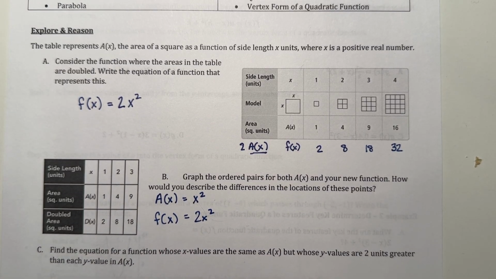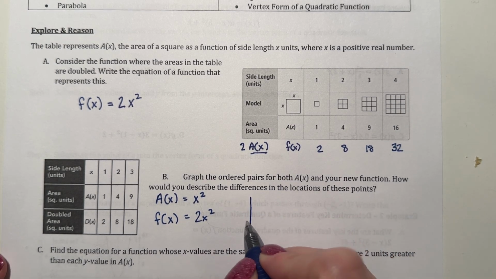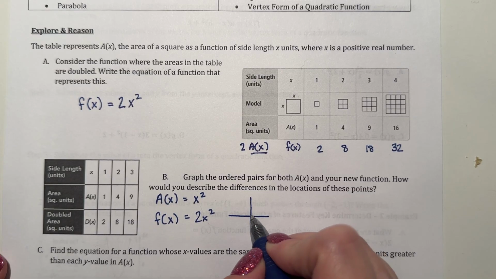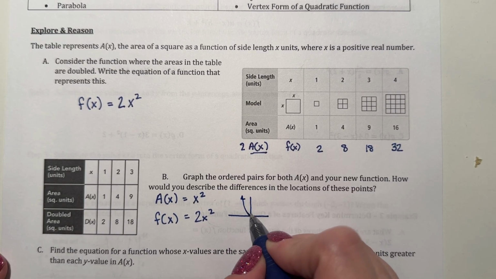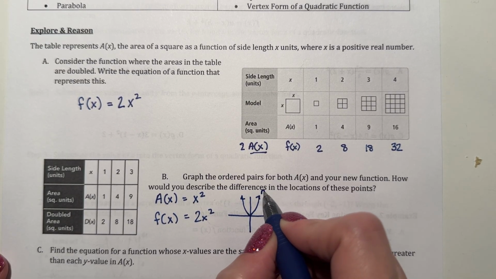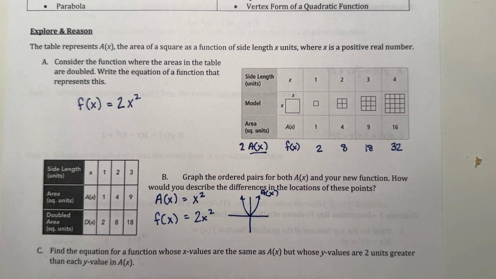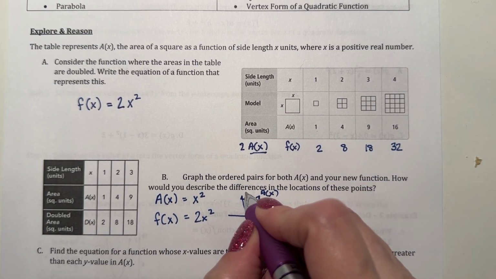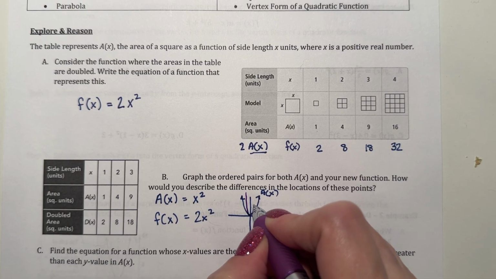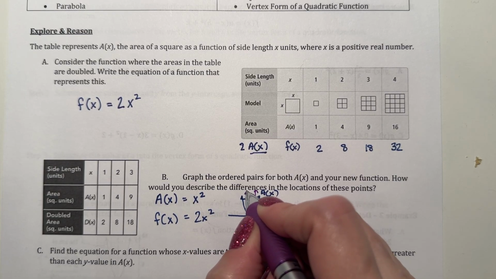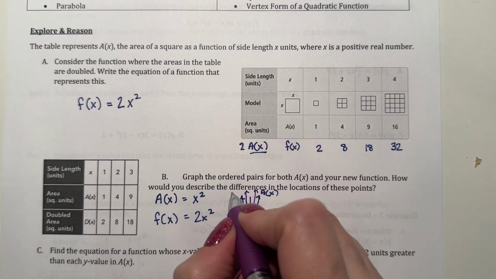Okay, and then it says, how would you describe the differences? So if you're looking at this graph, hopefully you have gone to Desmos and done it. Here's your original. So that would just be my a of x graph right there. And what you should see is that your 2 times 1 is a little taller and a little skinnier because it's going up a little bit faster.